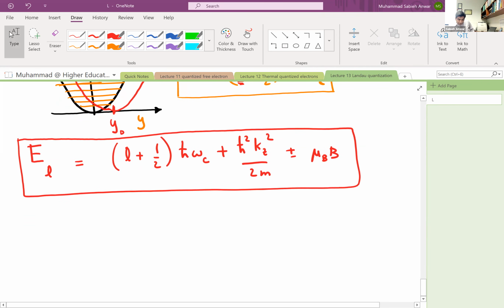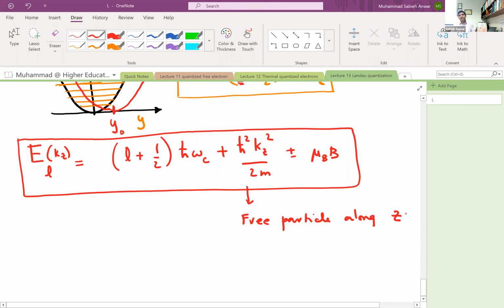Now, if you look carefully, this energy only depends upon kz. So it acts like a free particle along the z direction, and the wave function is a plane wave along the z direction.